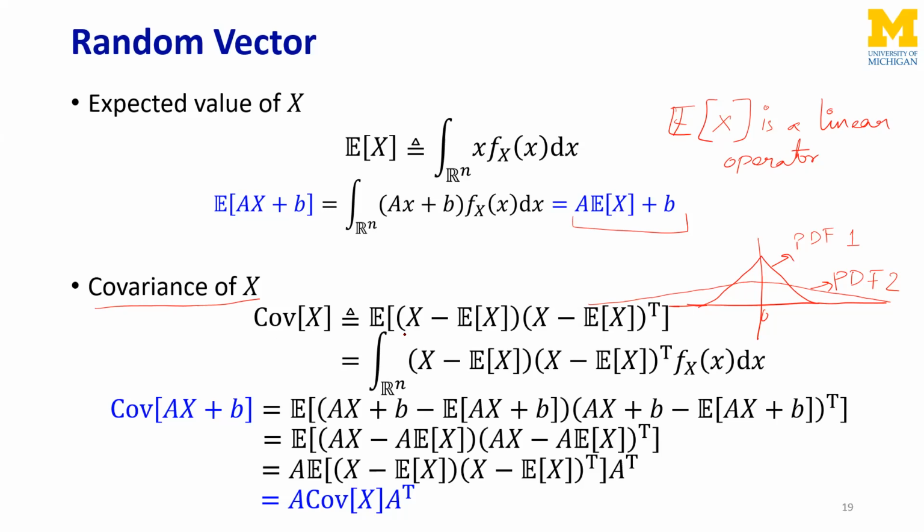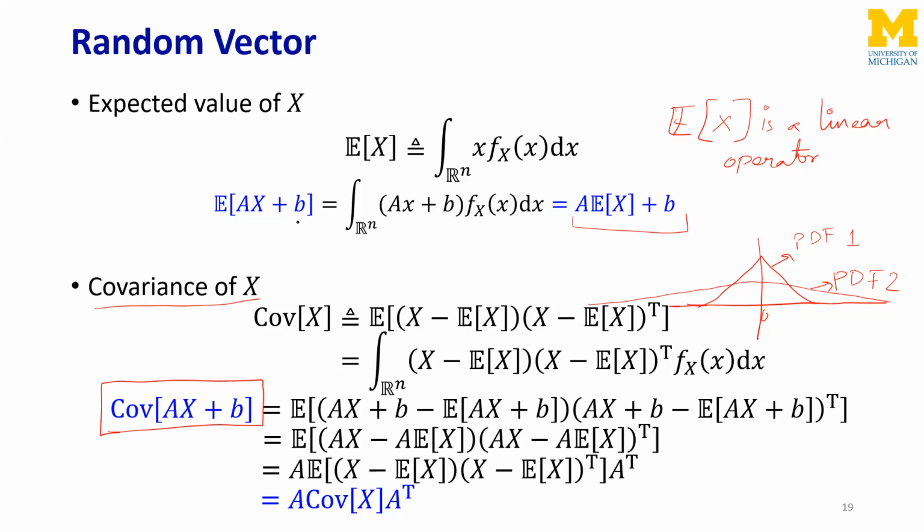But anyways, covariance is mathematically defined as the expected value of the deviation from the mean times the deviation from the mean transpose. Again, using the integral, you can write it like this. But the most important fact about the covariance is that covariance is not a linear operator. What it does in this case is you get the A outside on the left-hand side and the right-hand side, and adding a bias actually doesn't do anything to the random vector.